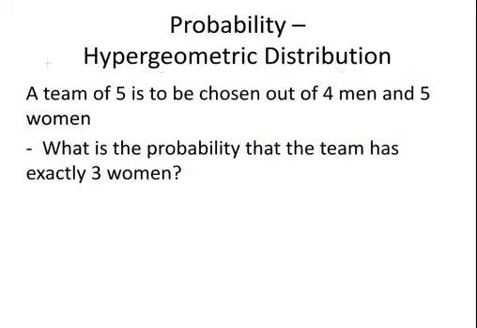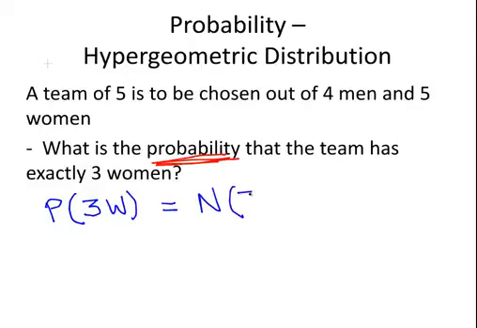What is the probability? Read the question there carefully. What is the probability that the team has exactly 3 women? Well, we know the number of ways. So the probability of 3 women, which we'll call P(3W), is the number of ways we can get 3 women when we pick 5, divided by the total number of ways we can pick 5 from 9.